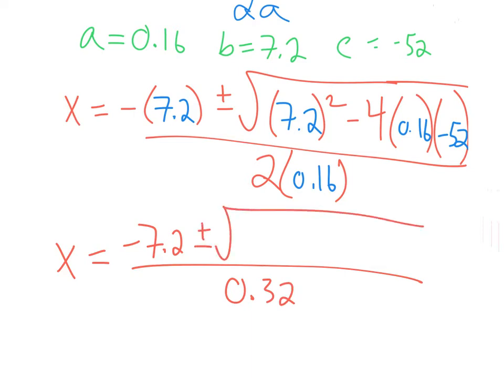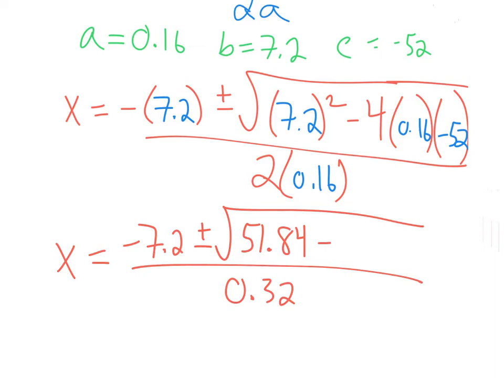The square root we can't deal with yet. So next we're going to calculate the 7.2 squared. 7.2 squared. So that's 51.84.